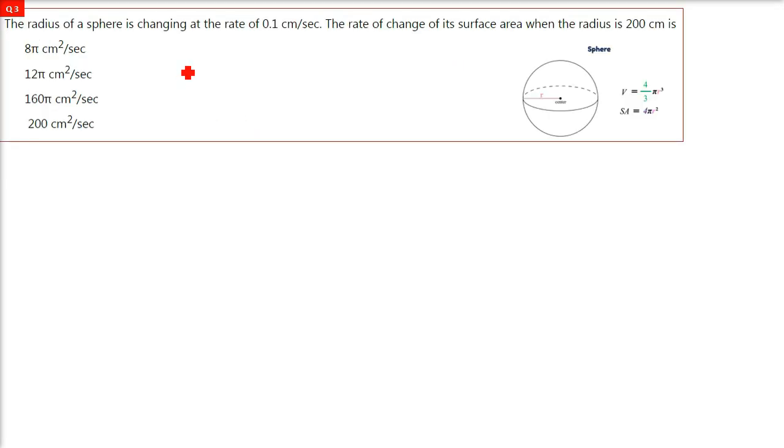Now the radius of the sphere is changing at the rate of 0.1 centimeter per second. So basically dr by dt is given as 0.1 centimeter per second. We need the rate of change of its surface area when the radius is 200 centimeters. Surface area is 4 pi r square. So assume it to be s, it will be better to understand.